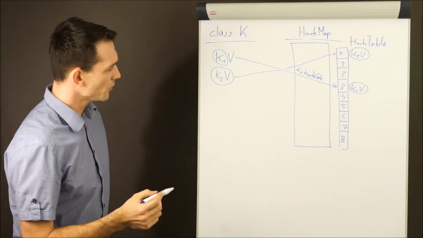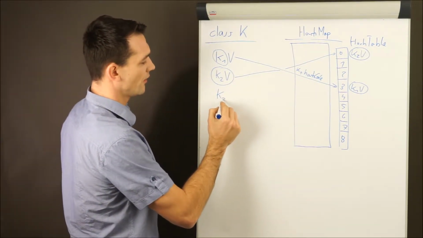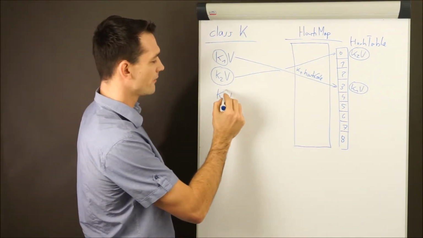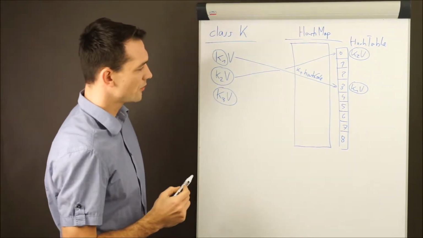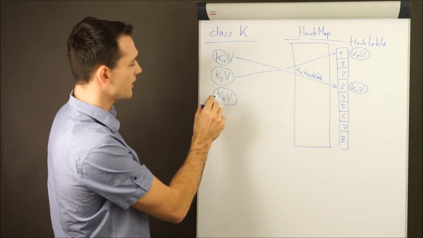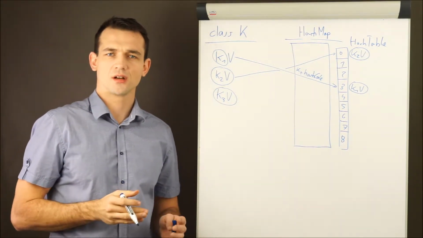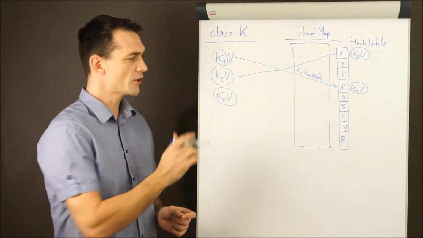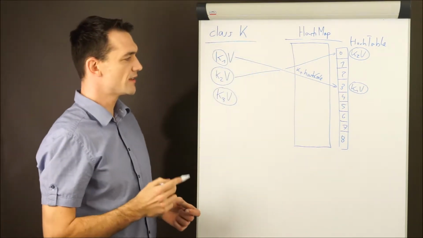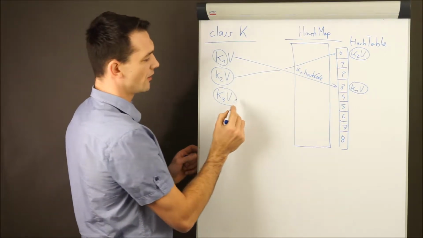Let's suppose we have another object which we want to use as a key, K3. We want to put K3 at some index, and the important thing is that K3, because of some implementation of the hashCode method in class K, returns us the same value as hashCode for K1.